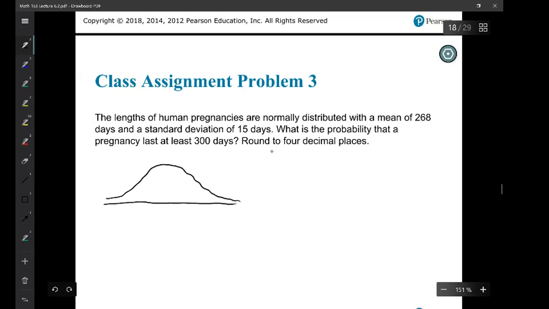The mean is 268. Standard deviation, 15. Well, 300 is larger than 268, so we'll put it somewhere over here.